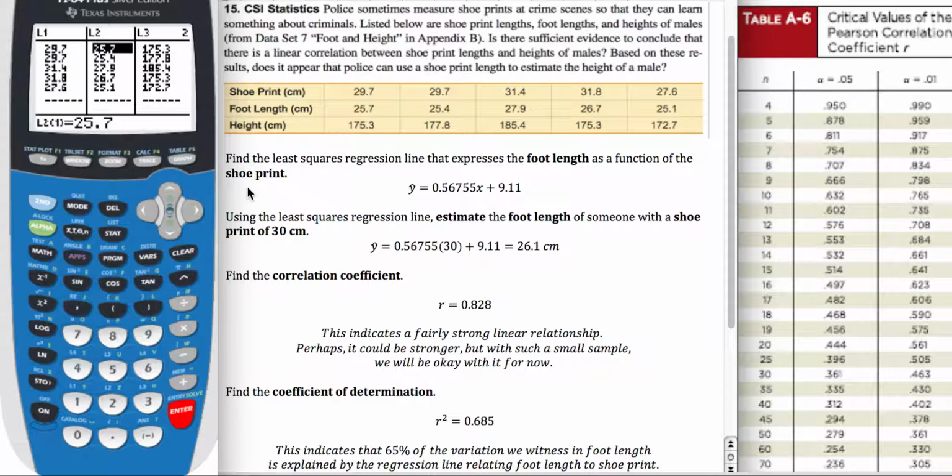If we're going to look for the least squares regression line that expresses the foot length as a function of the shoe print, this indicates that the shoe print will be the input and the length of the foot will be the output. So we're going to use L1 as the X values and L2 as the Y values.